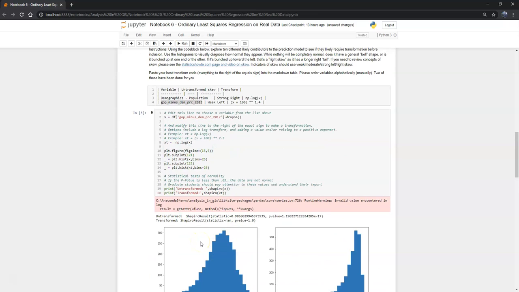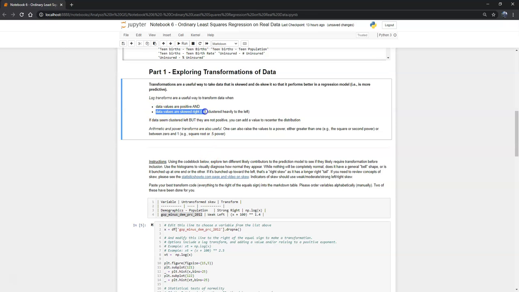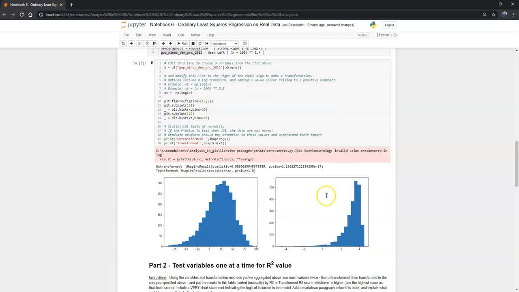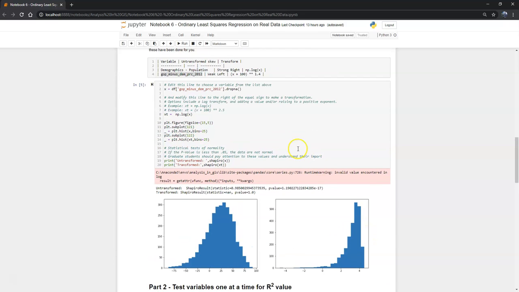So you can't use a log transformation when you've got negative values. And a log transform is used when the data are skewed right, and our data is actually skewed left. So we don't meet either of those two things. We're actually making things worse by using a log transform here, and so we don't want to do that.